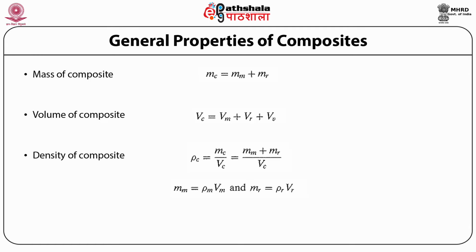From the above relations, we can conclude the following relation between the density of the composite and its constituents, that is rho c is equal to Fm rho m plus Fr rho r, where Fm is equal to the ratio of Vm by Vc and Fr is the ratio of Vr by Vc. Here m corresponds to the matrix, r corresponds to the reinforcing phase, and c corresponds to the composite.